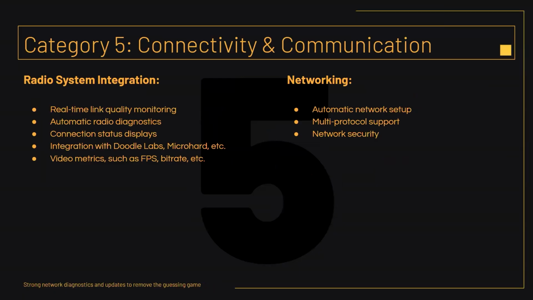Maintaining reliable radio communication during flight is extremely important. And often basic ground control stations like QGC don't have a lot of tools for diagnosing network issues, because the radio you use very often might have a specific way of doing it.